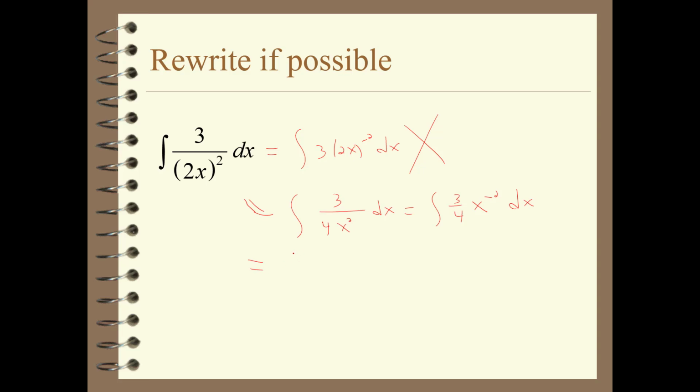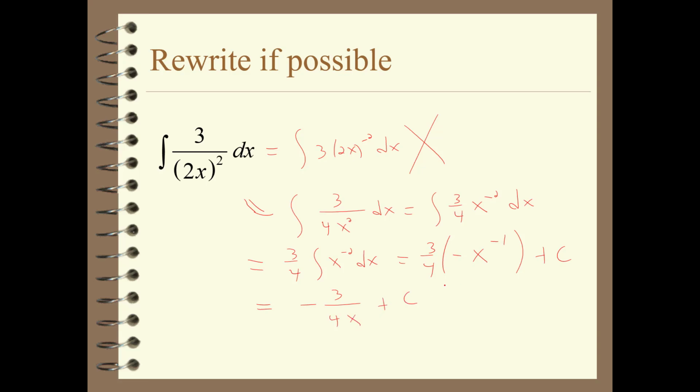This then lets me say 3/4. I need the antiderivative of x to the negative 2 dx. That will be 3/4, and the answer is take the x, increase the power, multiply by the reciprocal of the power, and add your constant. Cleaning it up once, that'd be a negative 3/4, and the x goes in the denominator, plus c.